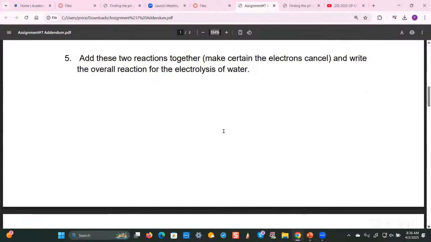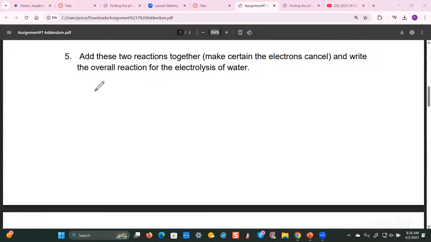One of the equations that we wrote down earlier, the reduction equation, is 2H2O plus 2 electrons to form 2OH minus plus H2. And the other equation is the oxidation equation, which is 4H2O to form 4H plus plus O2 plus 4 electrons, right?